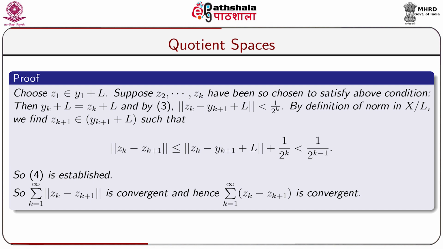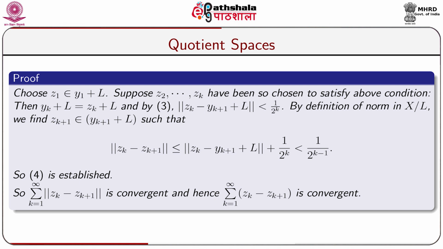So, the series sum from k = 1 to infinity of the norm of zk − zk+1 is convergent. That means the sum of zk − zk+1 is absolutely convergent. As zk belongs to capital X and X is a Banach space, we know that in a Banach space every absolutely convergent series is convergent.